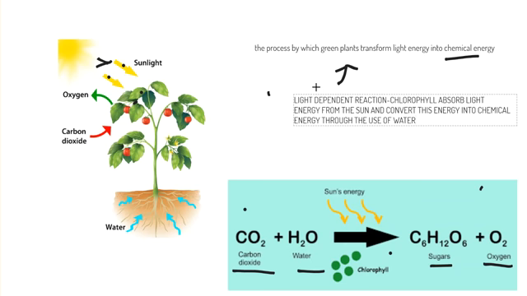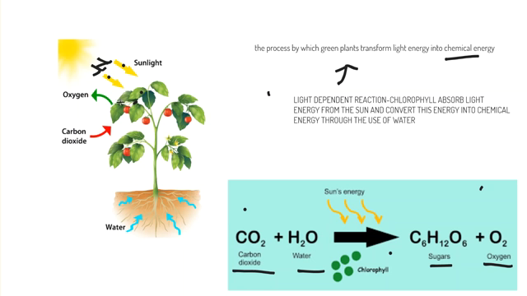So in a light-dependent reaction, the plant converts this light energy from the sun to chemical energy through the use of water.